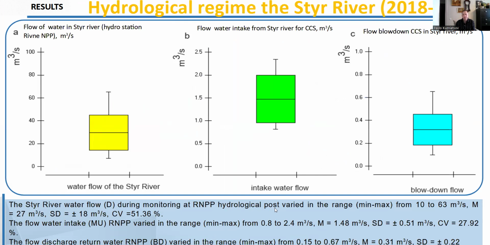Mean is 1.41 cubic meters per second. Standard deviation 0.15 cubic meters per second. The flow of discharge return water at the NPP varied from 0.15 to 0.67 cubic meters per second. Mean is 0.31 cubic meters per second. Standard deviation 0.2 cubic meters per second.